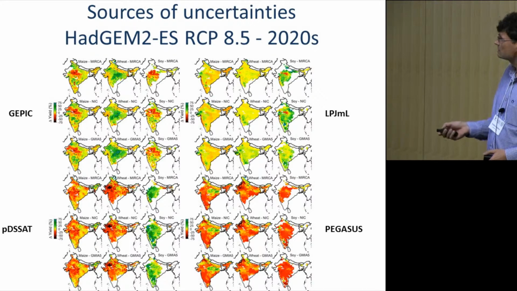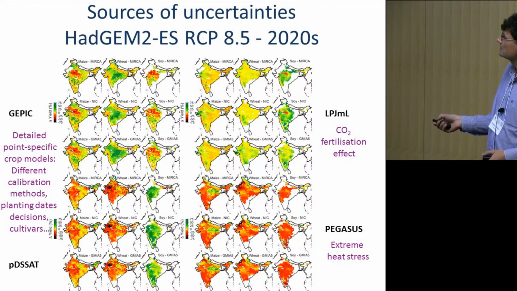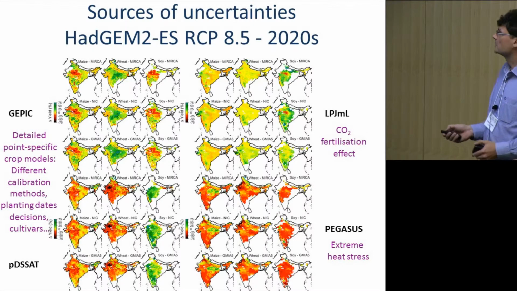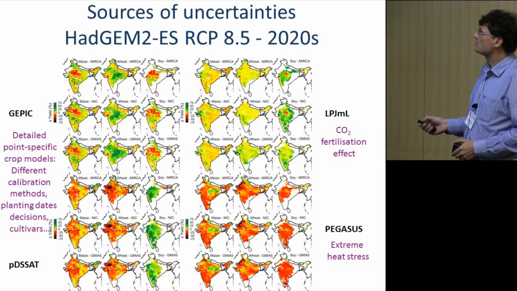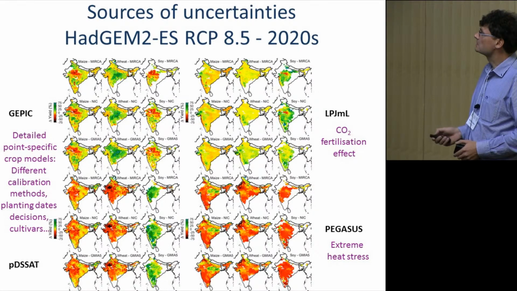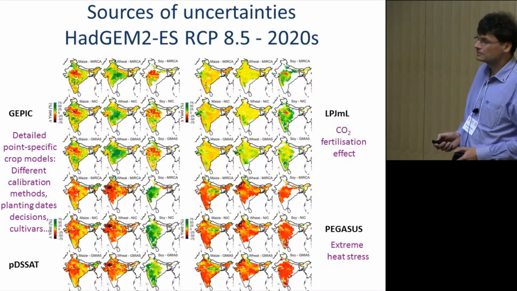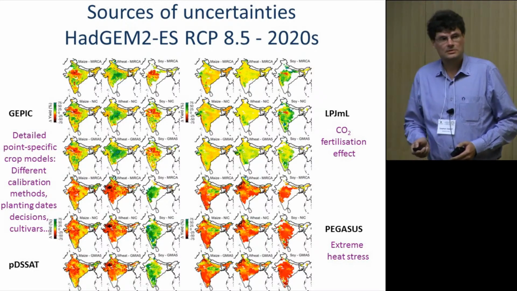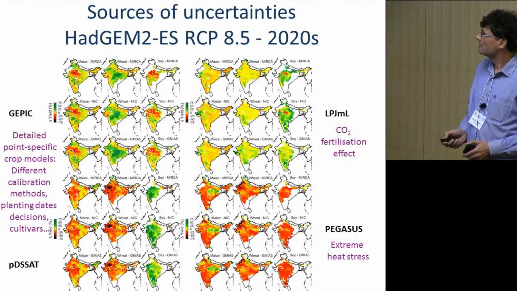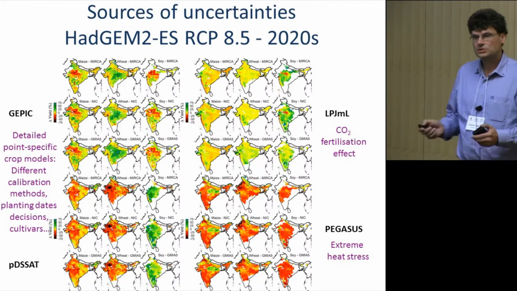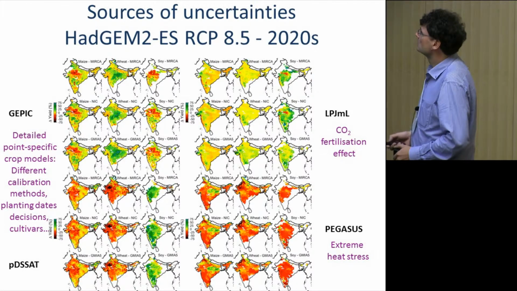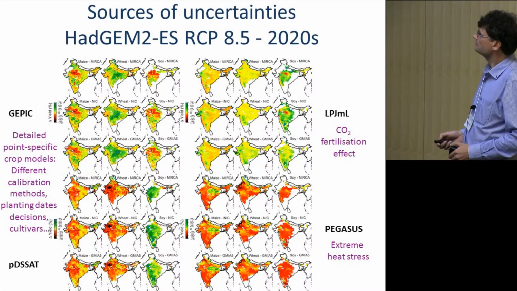The Pegasus model, the results I have shown before, has some speciality in that it's also sensitive to heat stress, for example, and it also simulates the growing period, so changes in the growing period due to climate change.